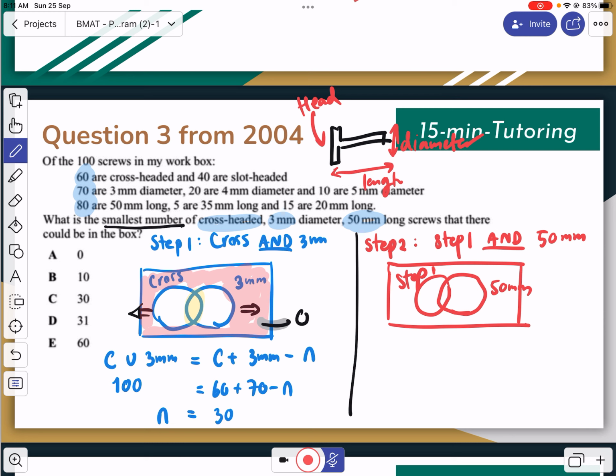And again, if you want to minimize the yellow intersecting area, we know that if we union step 1 and 50mm, we should get 100 screws. So step 1, union 50mm should give us 100 screws, and that should be step 1 plus 50mm, subtract the intersecting area.